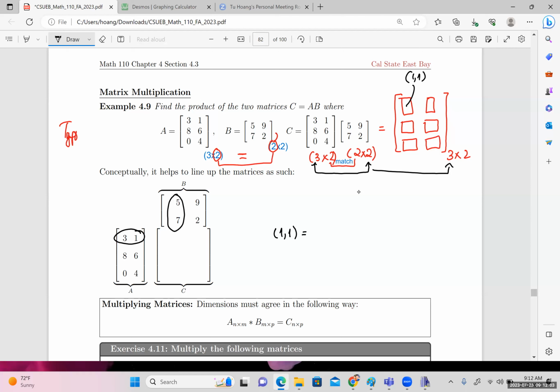So let me show you how to do that. I'm gonna multiply between 3 and 5, and add, so 3 times 5.